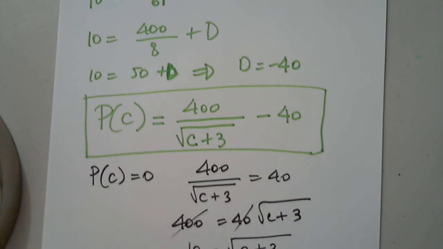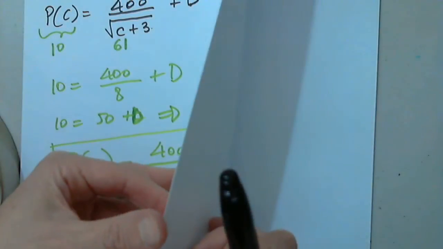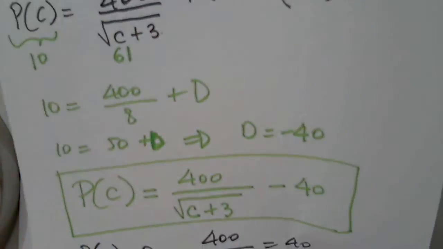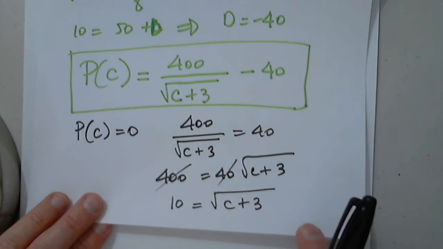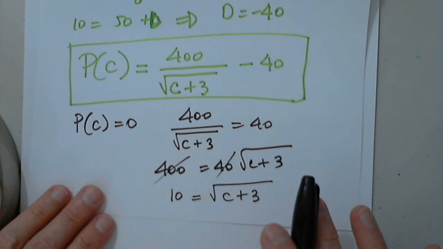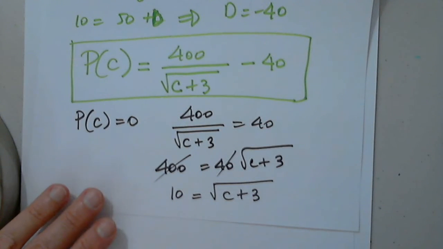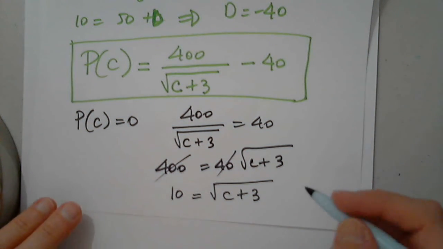What type of equation is this, and how do we solve it? It's a quadratic equation? So before you identify an equation, you should say this. Give me a second to read it. 10 equals the square root of c plus 3. Read it for a moment and then think. What type of equation is it then?